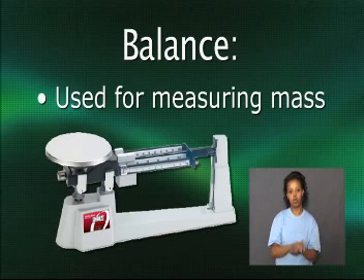They can be found in a range of sizes and properties. Some balances can measure the size of extremely heavy objects, while others can measure the mass of an object to the nearest 1/10,000th of a gram.